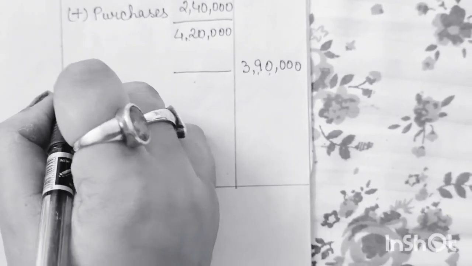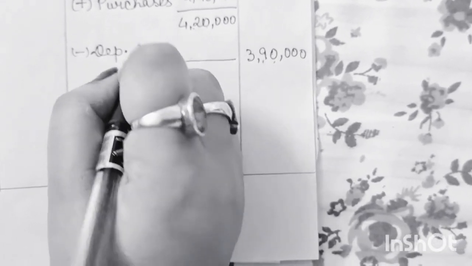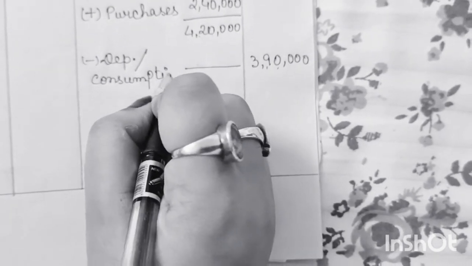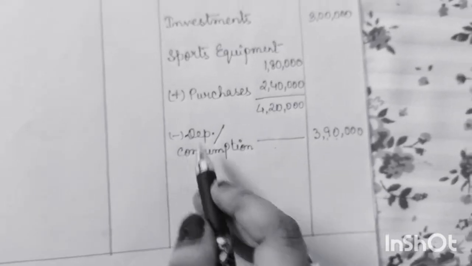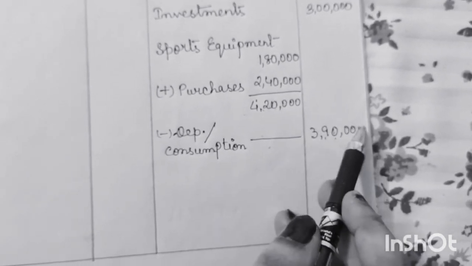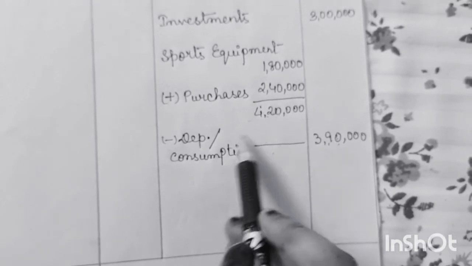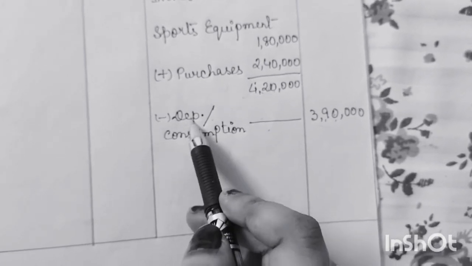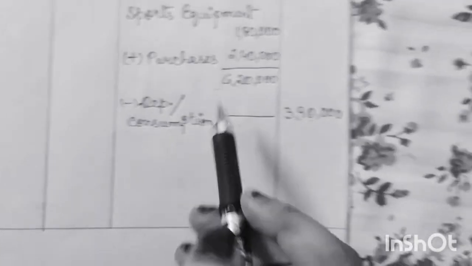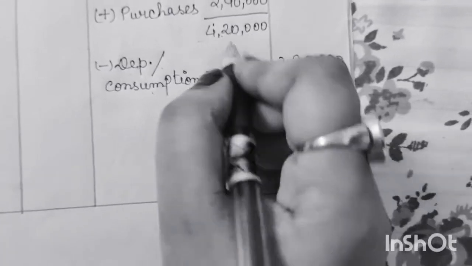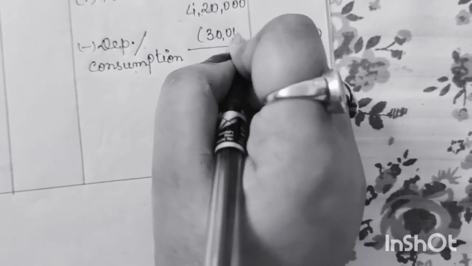It should be treated as either depreciation or consumption. In all the previous sums, whenever there is a difference between the closing balance and the total amount, that becomes our depreciation. So either we can call it depreciation or consumption. So 4,20,000 minus 3,90,000 becomes 30,000. I hope you are clear with this calculation.